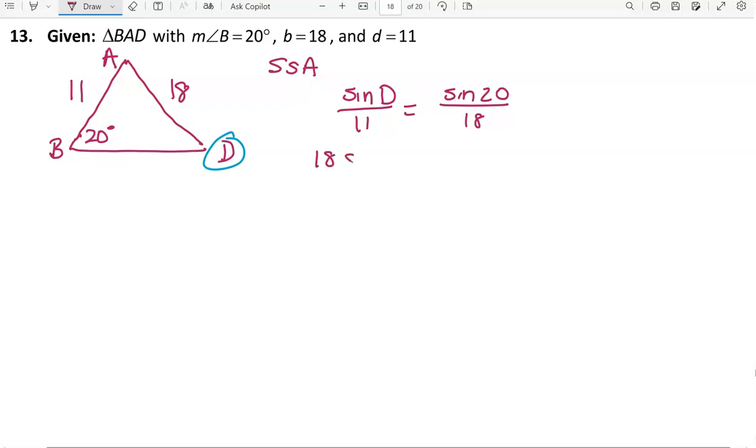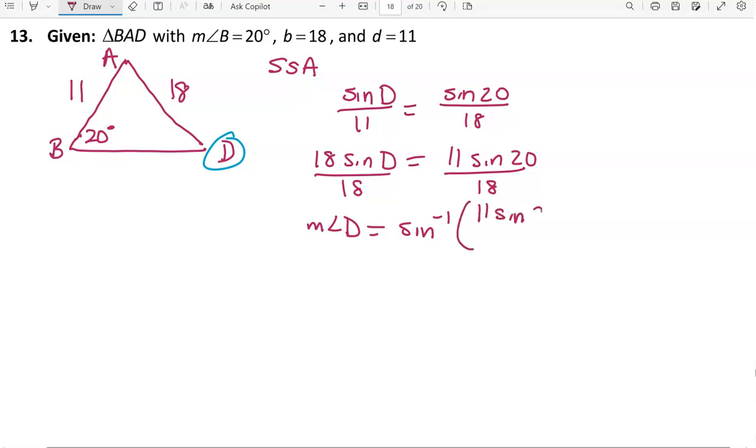So 18 times the sine of angle D is equal to 11 times the sine of 20 degrees. We're going to divide both sides by 18 and take the inverse sine. So measure of angle D is the inverse sine of 11 times the sine of 20 degrees divided by 18.